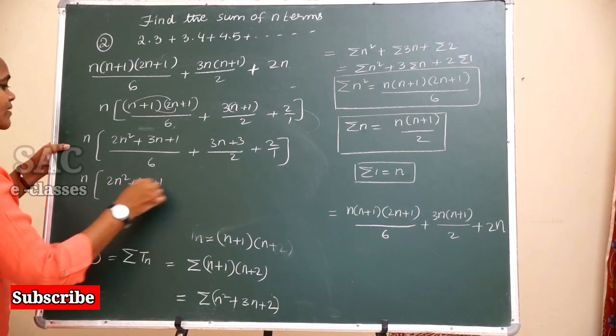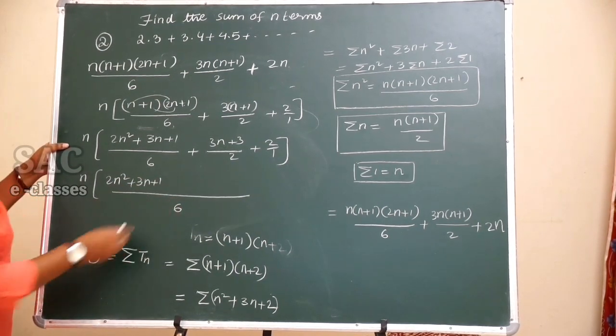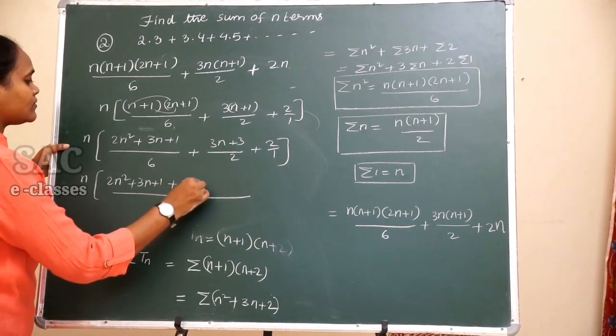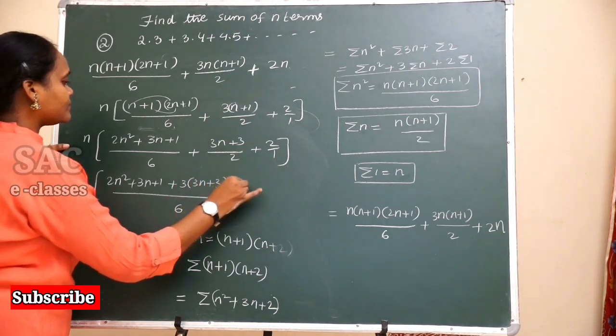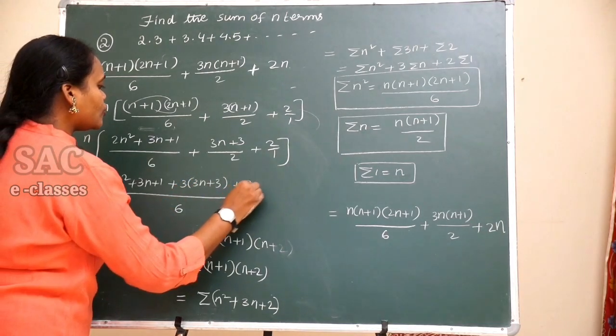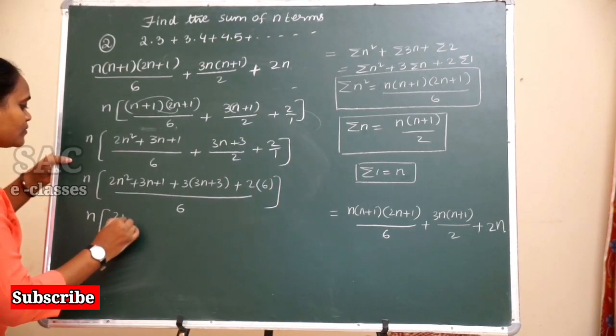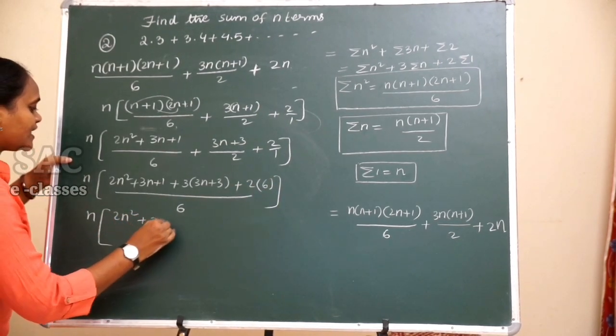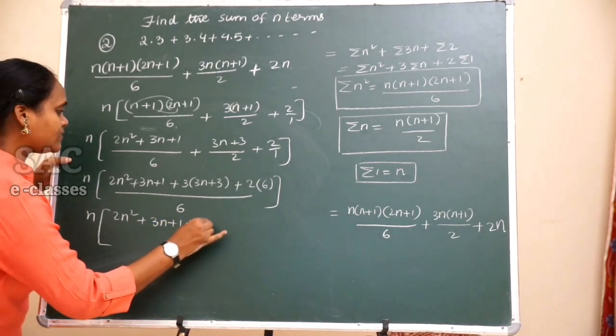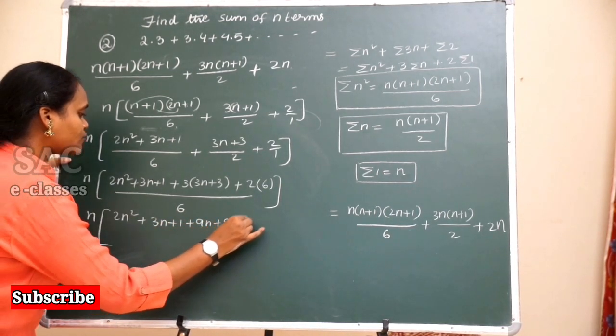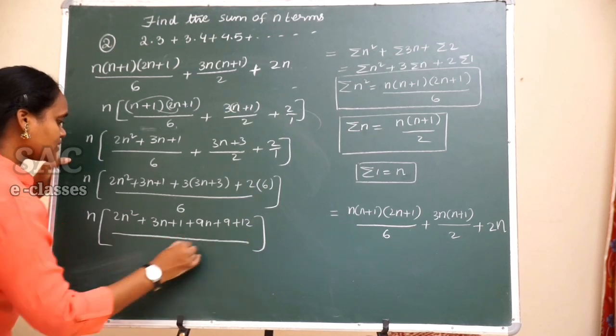Let me simplify by taking the LCM as 6: n into 2n square plus 3n plus 1, plus 9n plus 9, plus 12, all by 6.